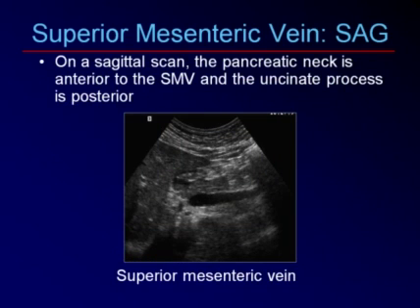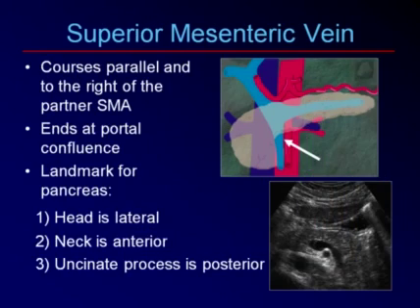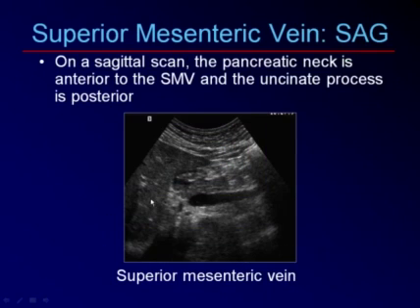Now, that was transverse. Now, when we look at the longitudinal sagittal scan, the superior mesenteric vein is a vein that looks kind of suspended in the middle of this abdominal cavity, and it ends in a little bulbous appearance, kind of resembling a cobra head.